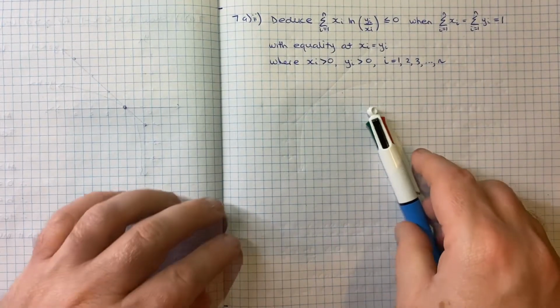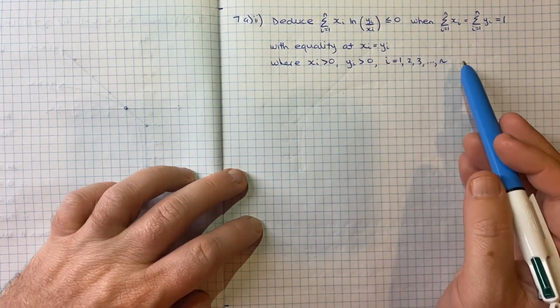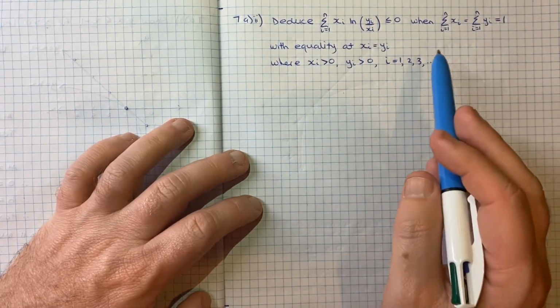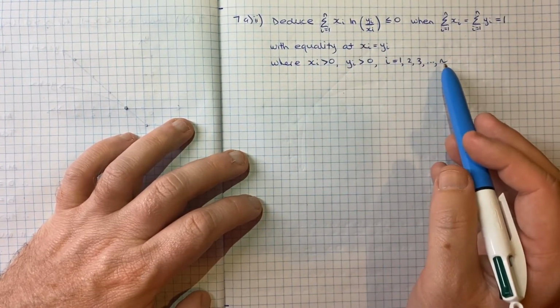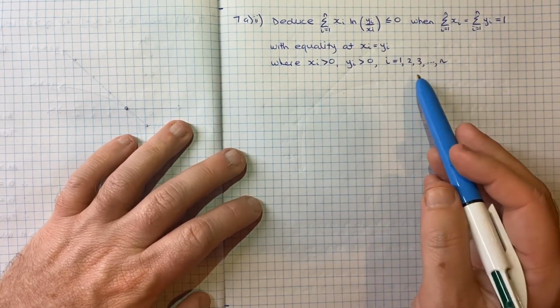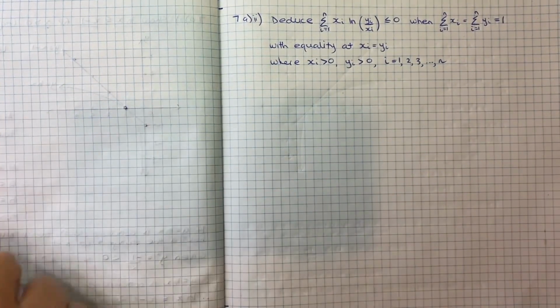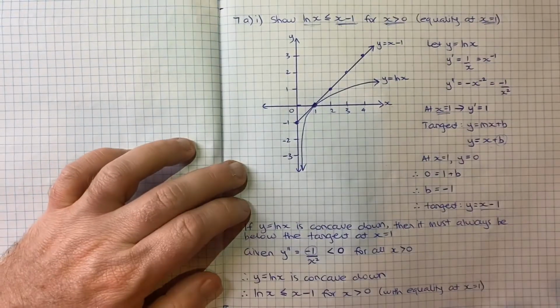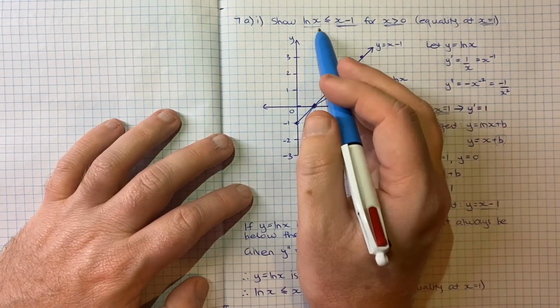I've written up all the information given in this question. The basic requirement is to deduce this result using part 1, and then we've got all our other conditions. Now, I think the key is, we're told very specifically to use part 1, and if you take a look at part 1, you can kind of see the link.